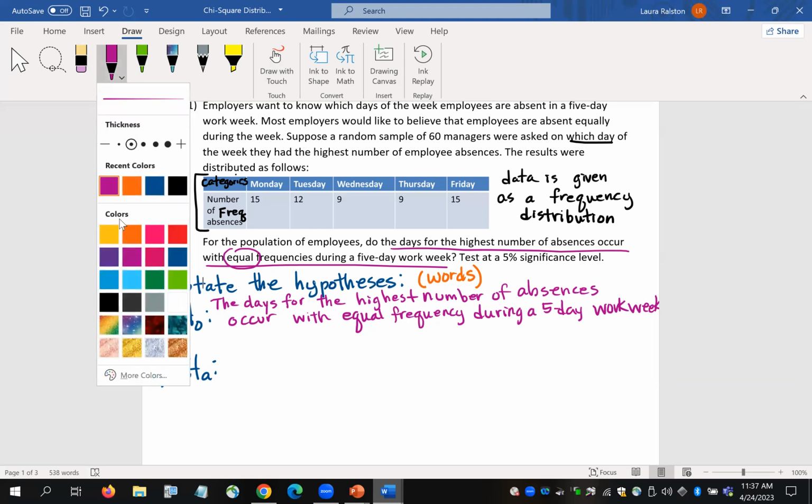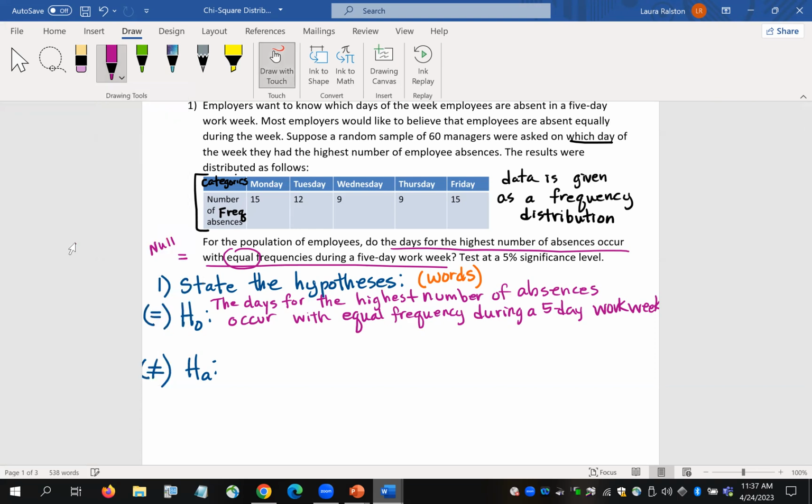Then my alternative has to be the opposite of that. So it would be that they do not occur with equal frequency. So we'd write the same sentence and add a few extra words.